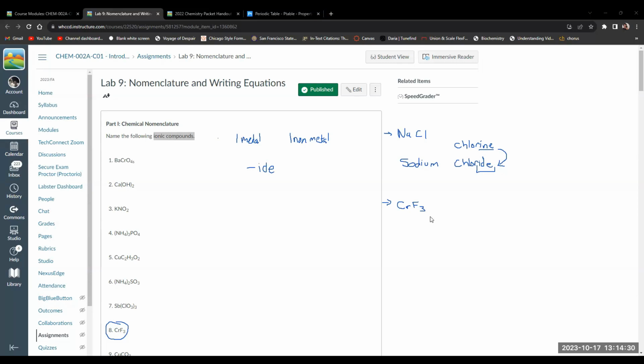What element is that? It's chromium. And then F is fluorine.